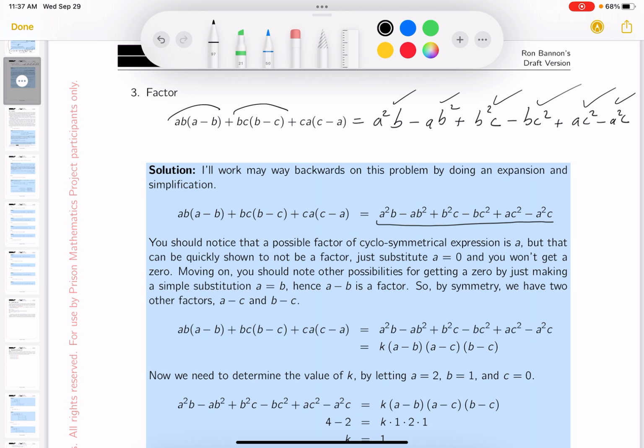So you'd get a 0 here, a 0 here, a 0 here, a 0 here, but you're left with the B squared C minus BC squared. You're not getting a 0, all right? So I'm going to ask, are there other possibilities in the problem for roots of it? And we're looking for simple things. We're not looking for difficult ones. Let me erase this over here.